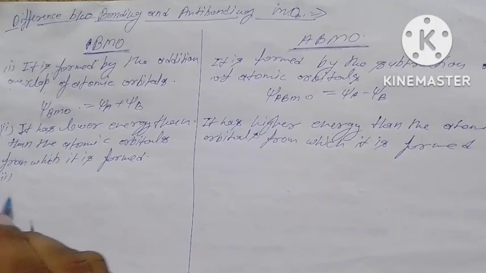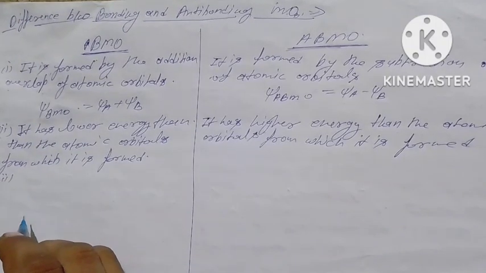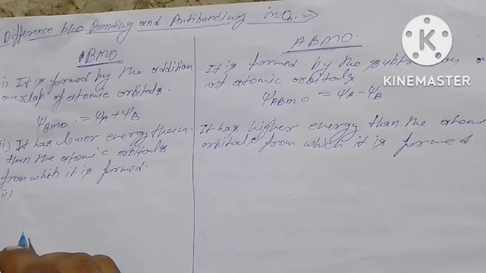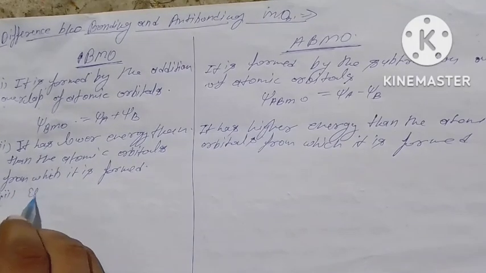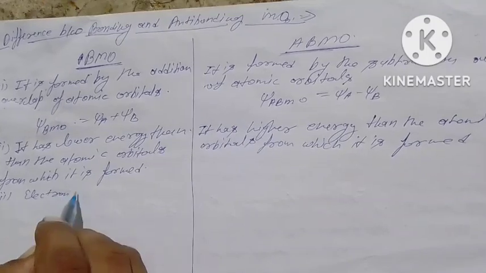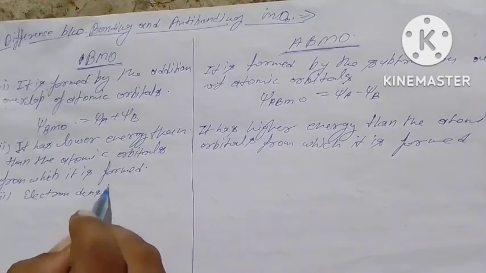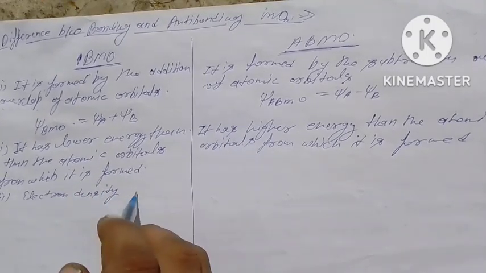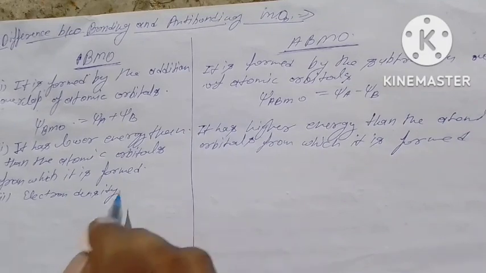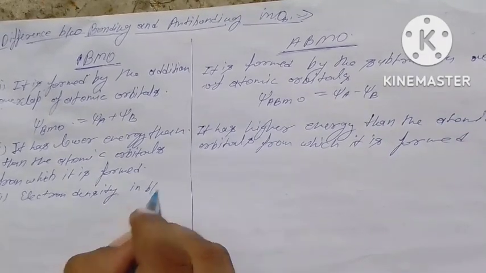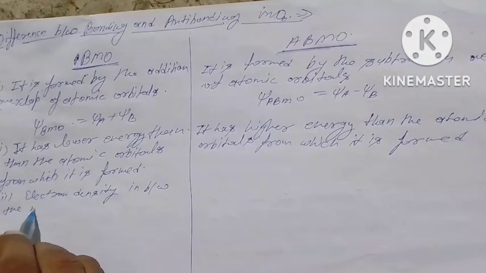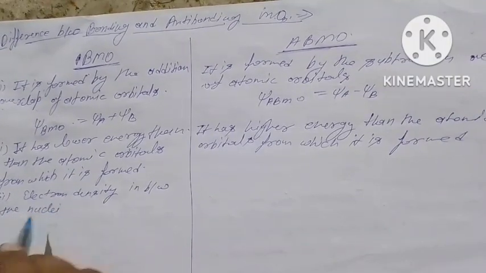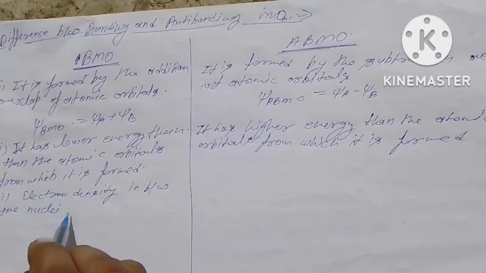Third point, electron density. In BMO, the electron density in between the nuclei of bonded atoms is high.